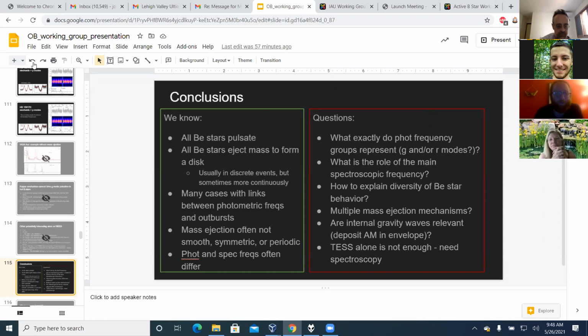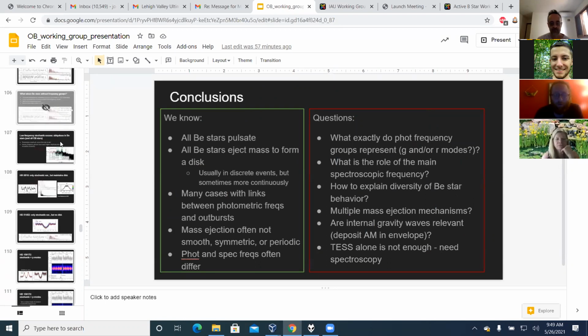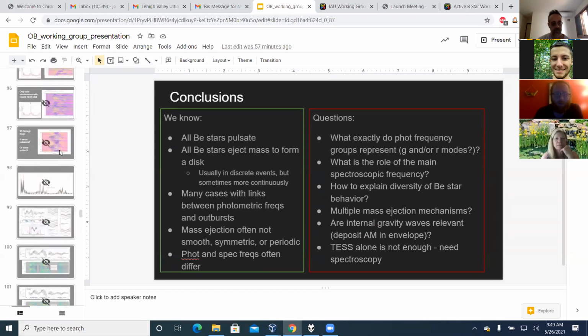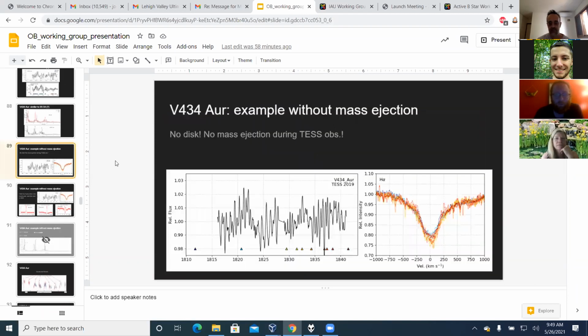So you mentioned in the conclusion of your recent paper that 100% of the stars that have flickers do present frequency groups, but the converse is not true, right? You have lots of stars that have frequency groups that don't have any flickers in the light curve. Is that correct?